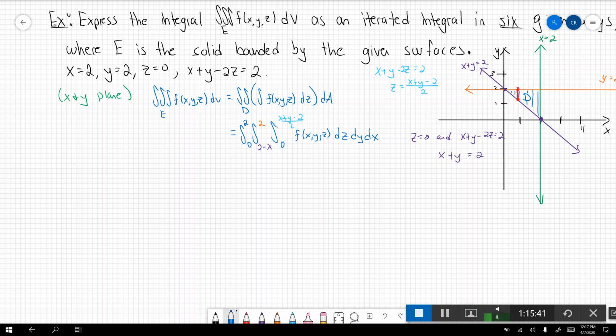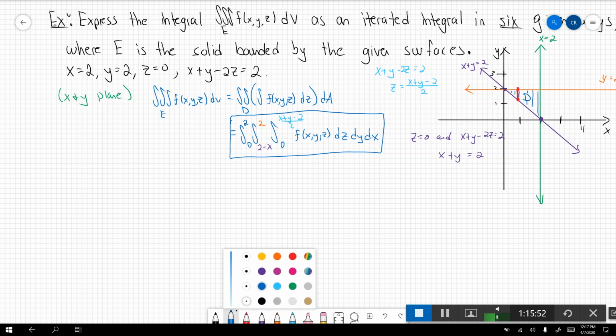So here's one of our first answers. Now, if I wanted to re-index this, again choosing a different outermost integral, I would then need not a vertical height, but I would now need a horizontal height.